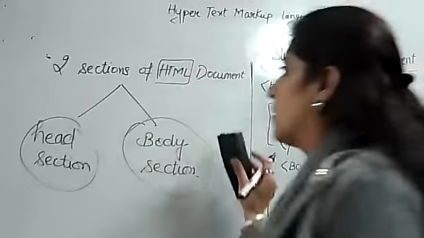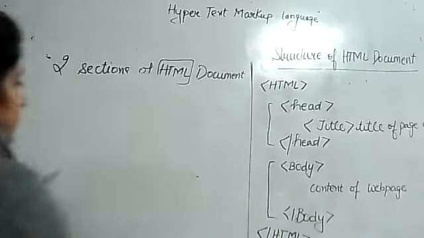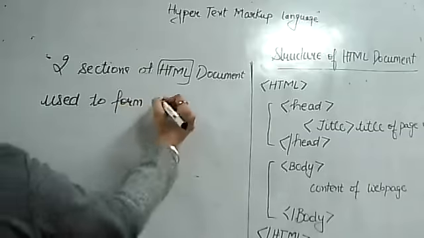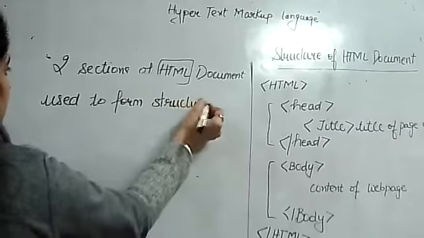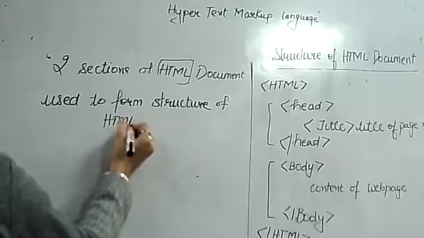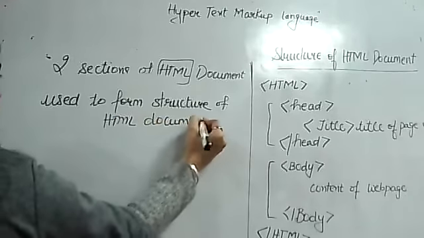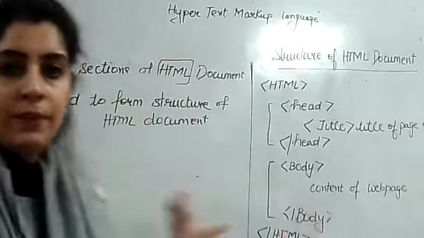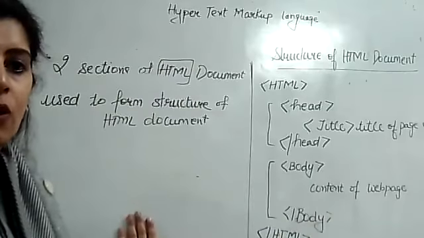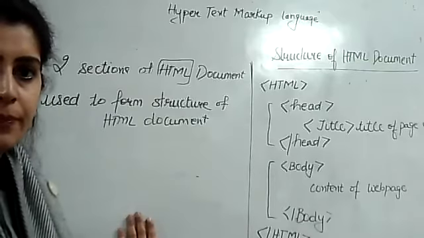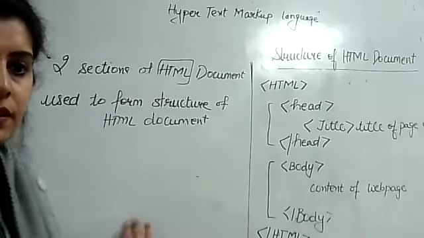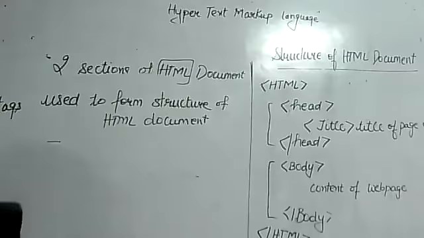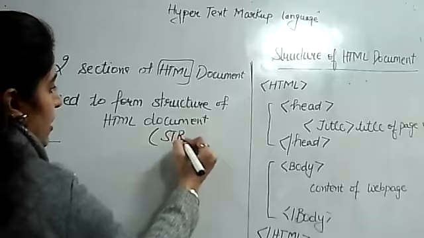Now the structure is written in front of you, so which tags are helpful in forming the structure of an HTML document? Yes, very good. The tags which are used to form the structure of an HTML document are called structural tags.